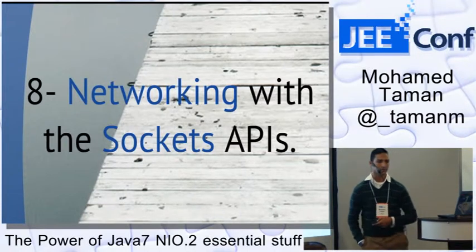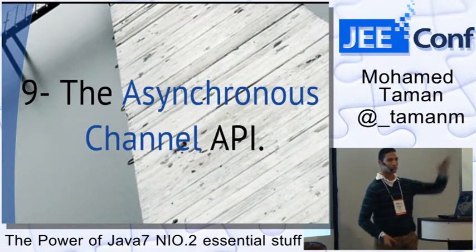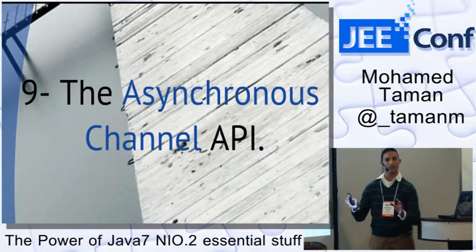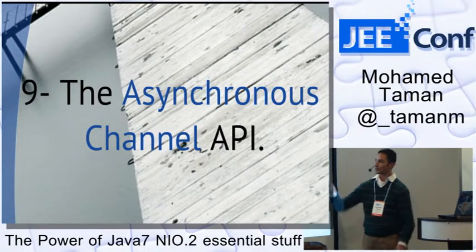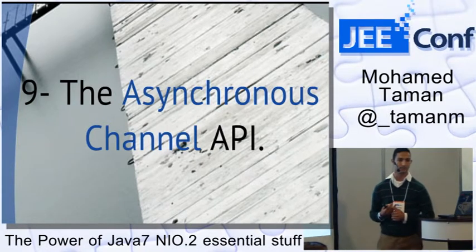how they are improved in JDK 7, because networking and sockets were introduced in JDK 1. And the jewel of the crown, as they say, is the asynchronous channel, which affects the majority of GlassFish implementations.